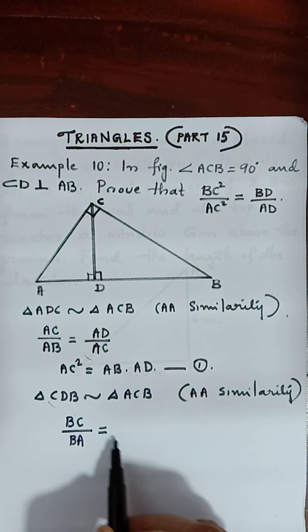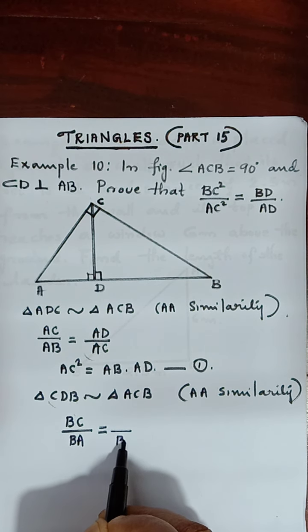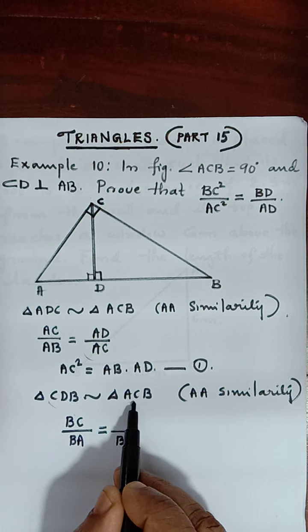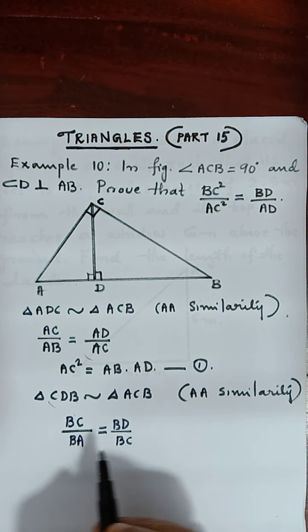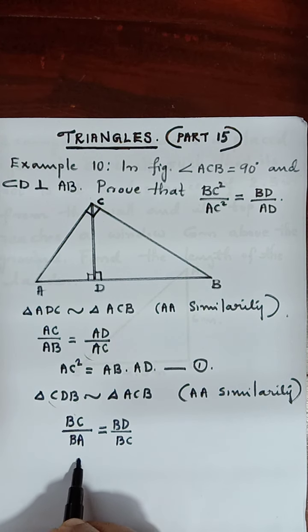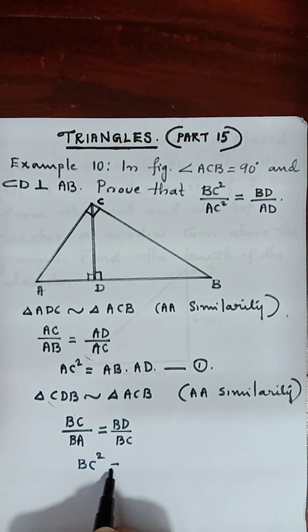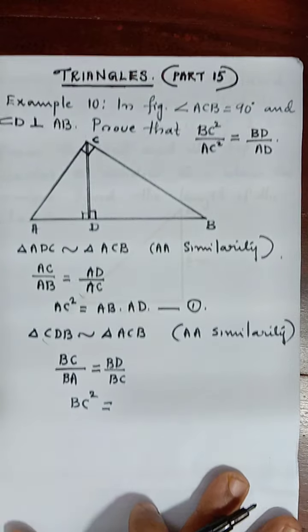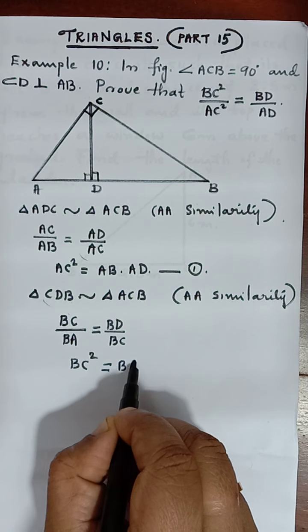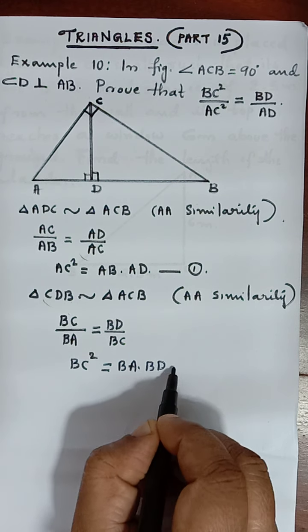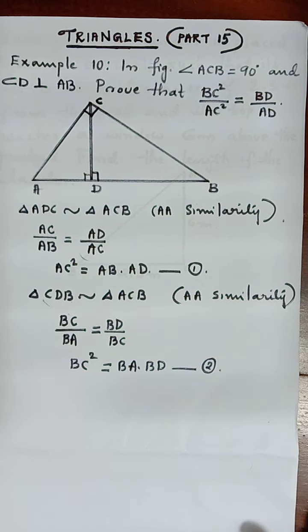In order to get BC square, we need BC here in the denominator, that is this one, BC, therefore it should be BD. Okay, let us cross multiply both. We have BC square is equal to BA into BD. Let us mark it as equation number 2.